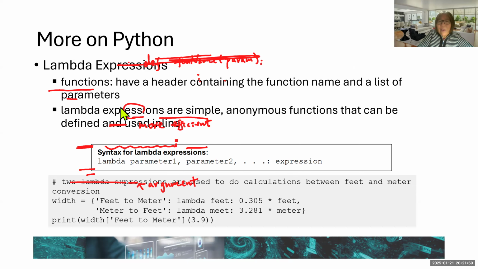You just provide the argument. Basically 3.9 is the feet, so it will calculate 0.305 times 3.9 and convert it to meters. That's what this part does. After you go home, you can try some other lambda expressions.